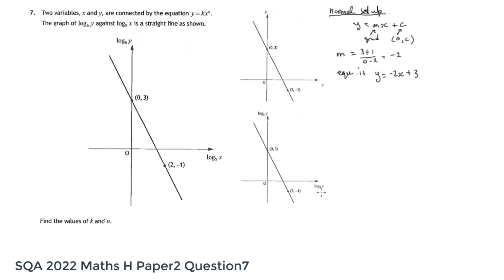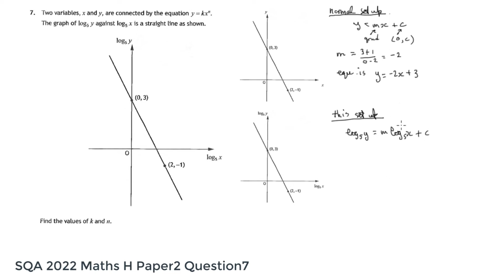What we do have is a relationship between log to the base 5 of x and log to the base 5 of y. So in this setup, which is different from the normal setup, we would have log to the base 5 of y equals m log to the base 5 of x plus c.